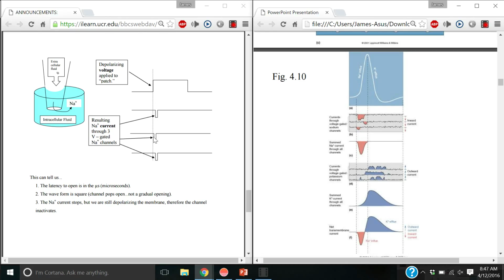You get an almost instantaneous opening. It's a square wave or almost a square wave, and that doesn't open again, the inactivation gate. And I'm just doing this because now I want to show you what happens with voltage-gated potassium channels.